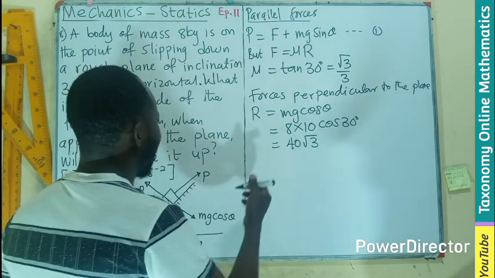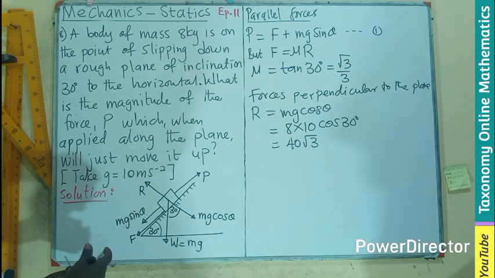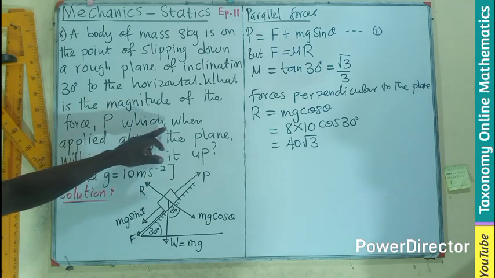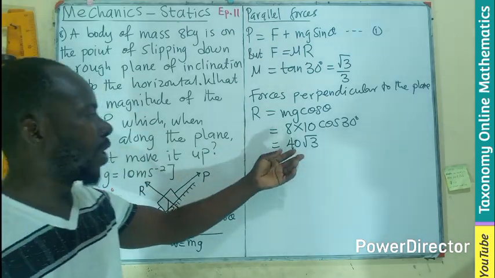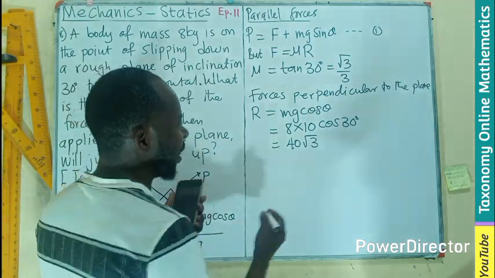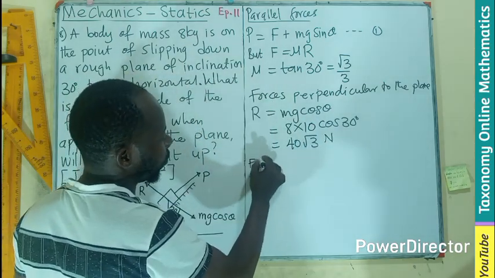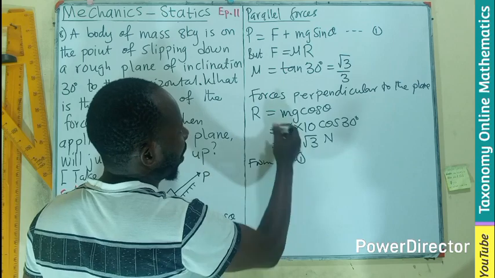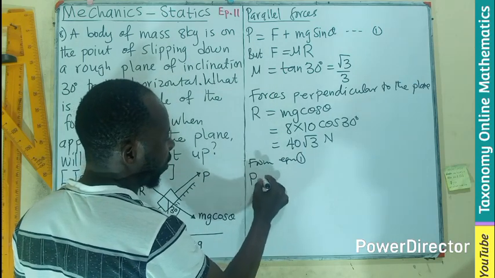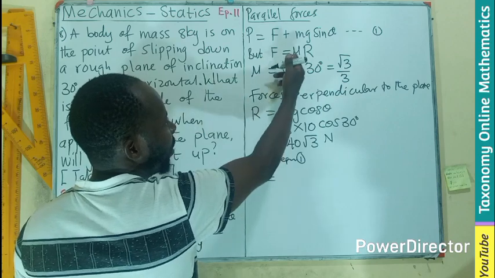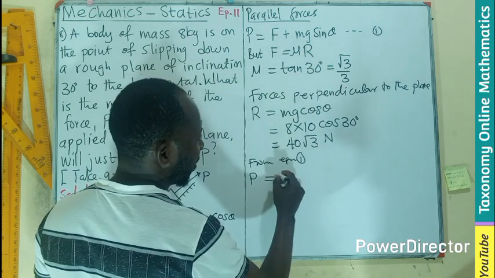Alright, but what we are asked to find is the magnitude of the applied force. No, we are not looking for the normal reaction, but we can indicate the unit if you want. So from equation 1, the force we are looking for equals F, which is mu times the normal reaction.